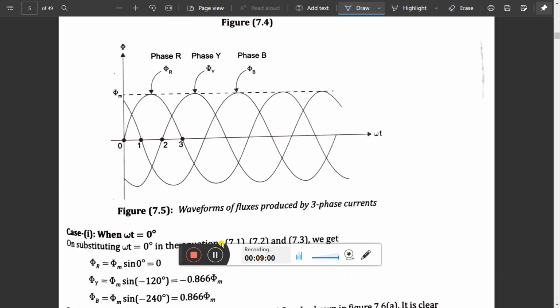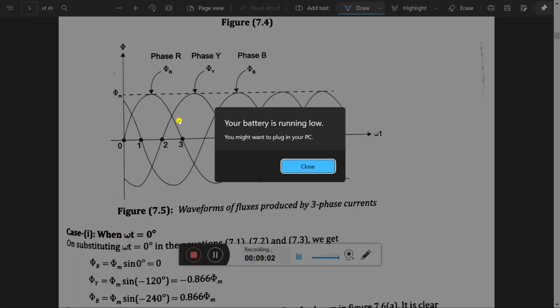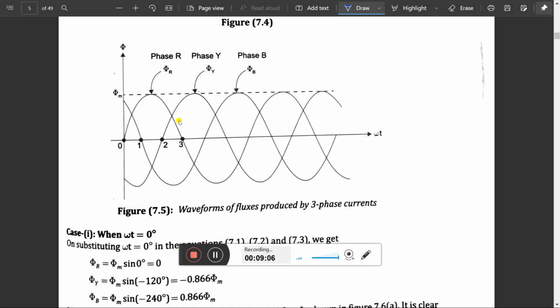This is similar to a three-phase supply. The first one starts from 0 degrees, the second waveform starts from 120 degrees, and the third waveform starts from 240 degrees. This is a complete waveform. First waveform, here 180 and then 360. Here we can write 60.